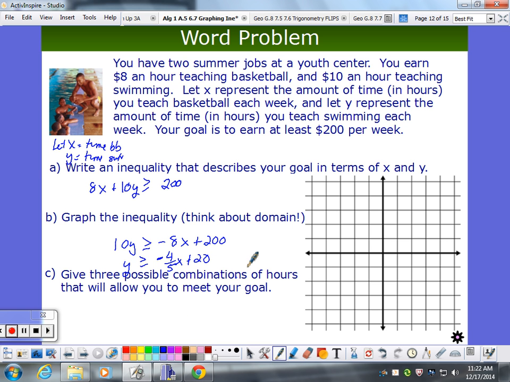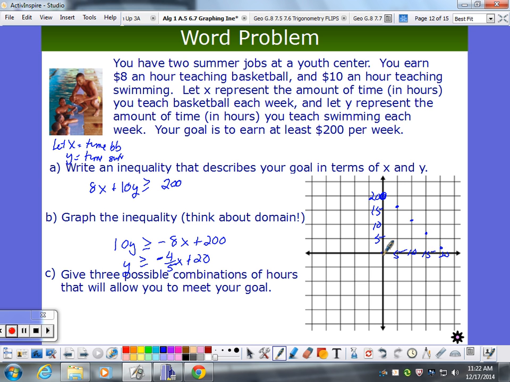I'm going to have to count by 5s, I guess. 5, 10, 15, 20. So 20 is my y-intercept. I go down 4 and right 5. Down 4, right 5, down 4. I think I'm doing that right.